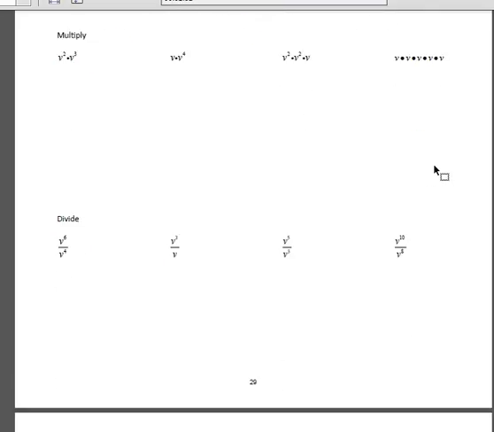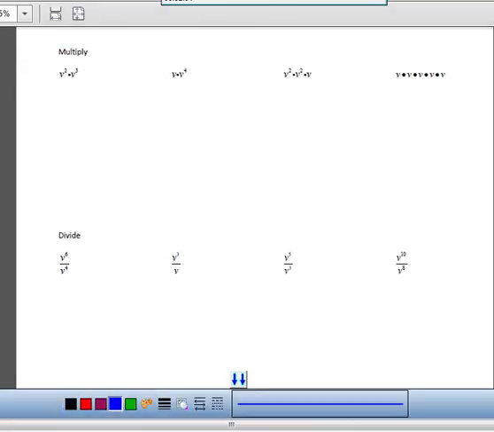So let me move this down so we can see. Alright, so multiply. We've got v to the second power, or v squared, times v to the third, or v cubed. So what does that mean? Well, really, what we're talking about is v times v, that's v squared, times v times v times v.